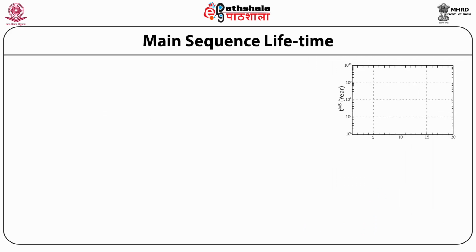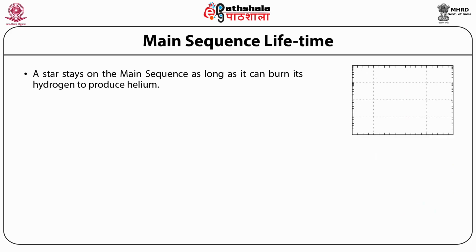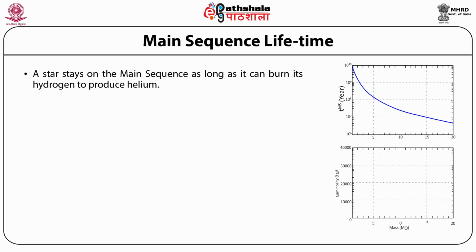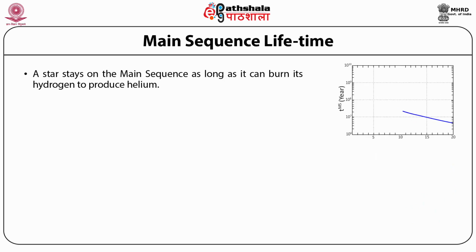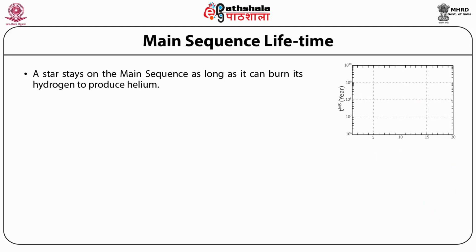The lifetime of a star on the main sequence. A star stays on the main sequence as long as it can burn its hydrogen to produce helium. Once the hydrogen content of the core is consumed, the star starts moving away from the main sequence, as previously discussed.